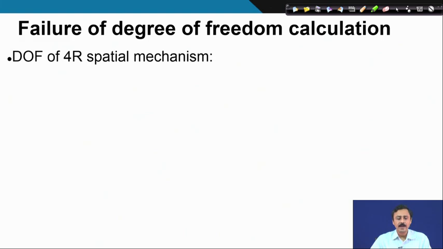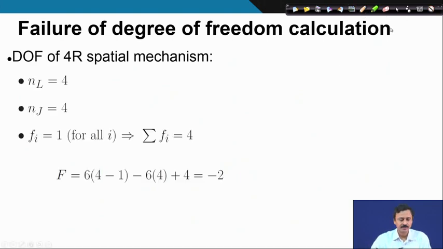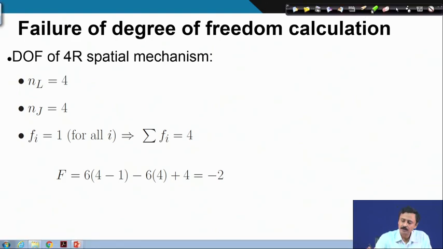Now, let us look at a spatial kinematic chain. If you have a spatial kinematic chain, a spatial 4R chain, let us look at the degree of freedom calculation. So, number of links is 4, number of joints is also 4. Let me try to draw such a chain.